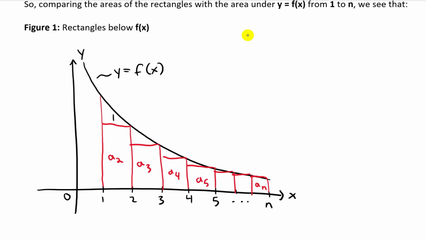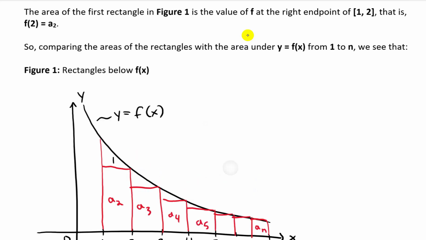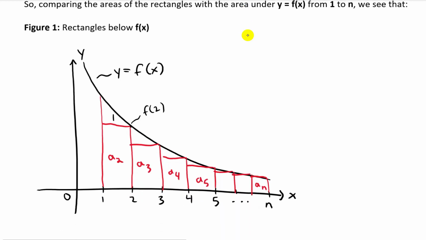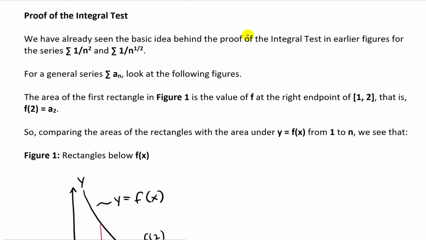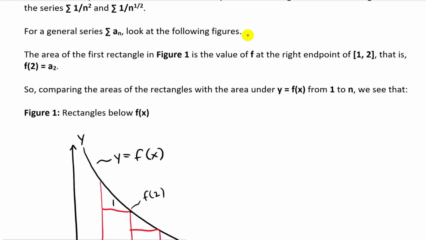So this height is just f(2), for the interval from 1 to 2. So this area A2 is just f(2) times 1, which is f(2). Again, as in the earlier figures at the beginning of this video. So f(2) is equal to A2.